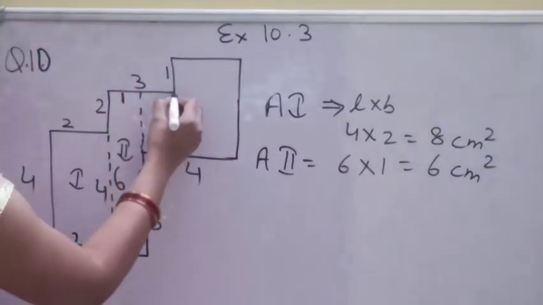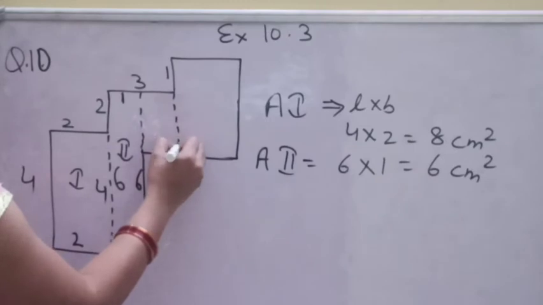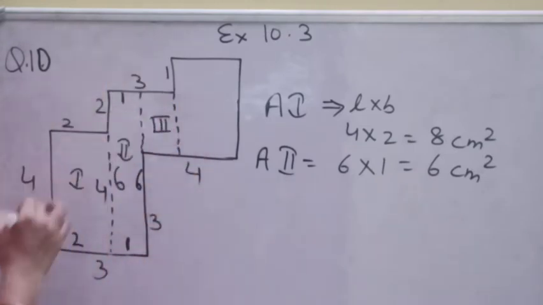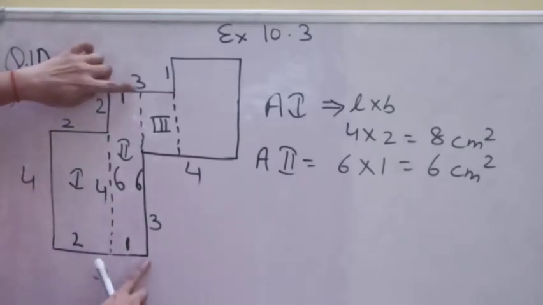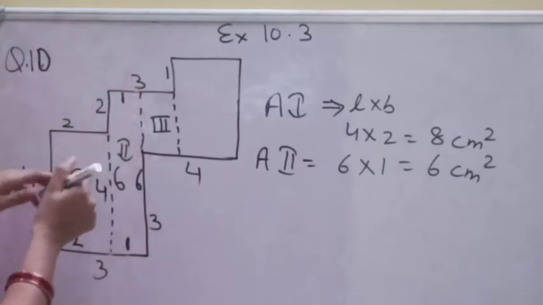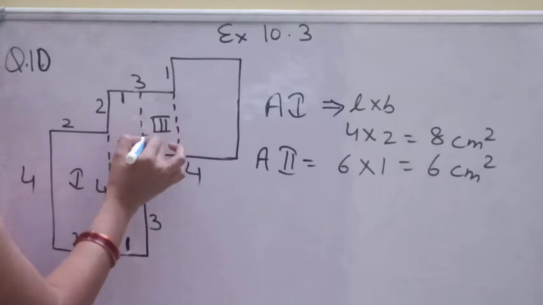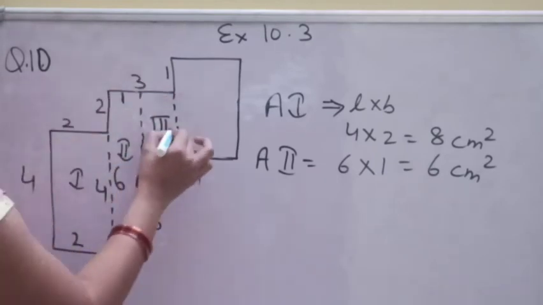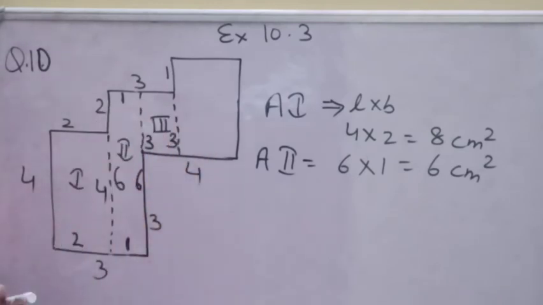Now if you join this, then this will become your third rectangle. How to find the side? This complete is 6. Up to here you are having 3. So this remaining one is also 3. If this is 3, then this is also 3.